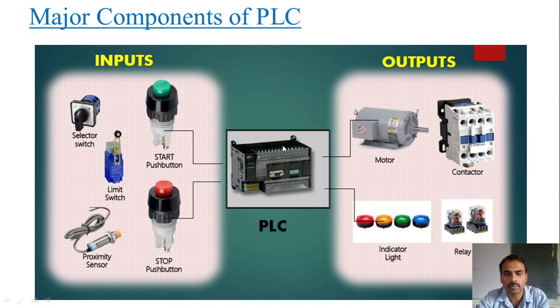The PLC will then send a signal to these output devices, which function according to the signal sent by the PLC. So these are the elements. You can see a motor and an indicator light; all these are the output devices or output elements.